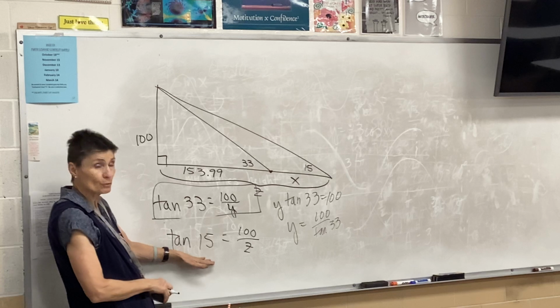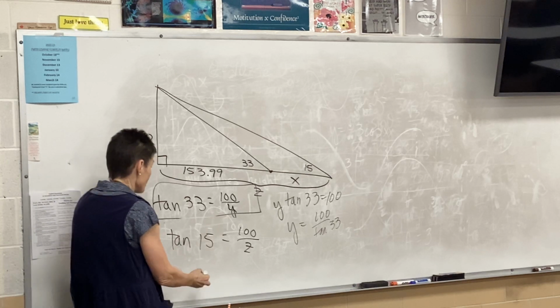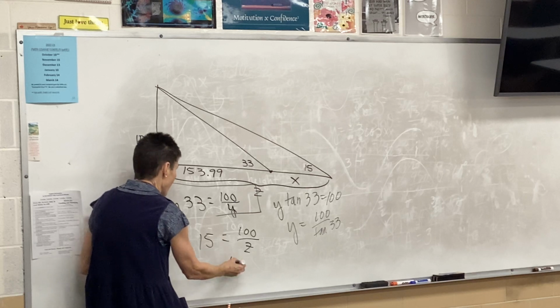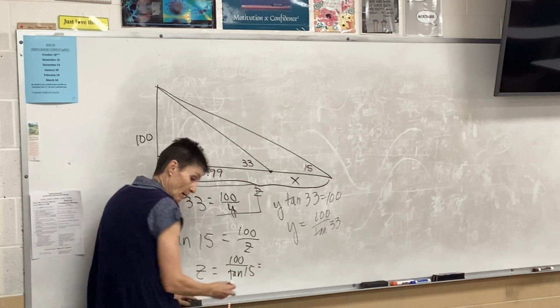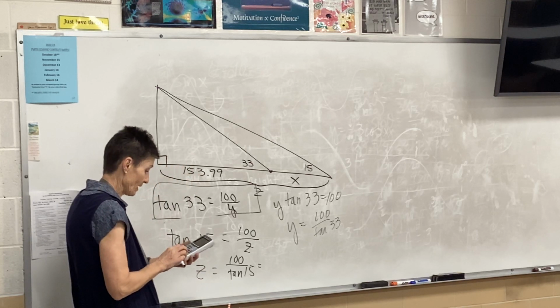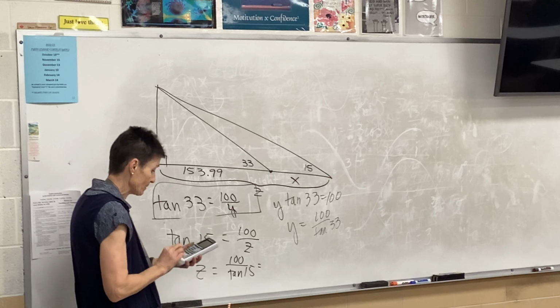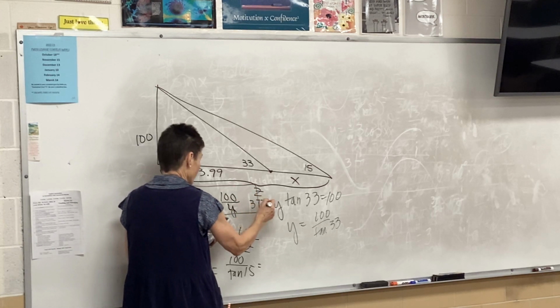And that too is a solvable equation. So z equals 100 over tan 15. So now I can find z. 100 divided by tan 15, so z is 373.21.